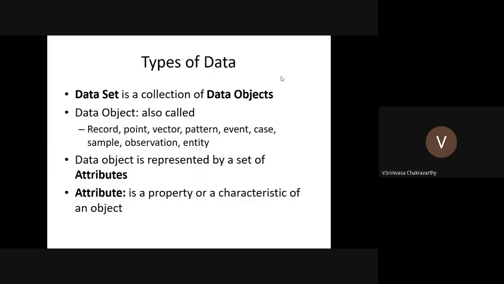From a programmatic point of view, a simple way to think of a data object is as a data structure. A data structure is a nice programmatic realization of a data object, which can have very composite things inside it. You can have integers and floating points. You can have other data structures inside a data structure. You can have matrices, 2D arrays, 1D arrays, strings. So you can have all sorts of things within a data object.